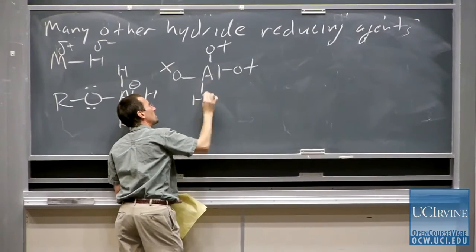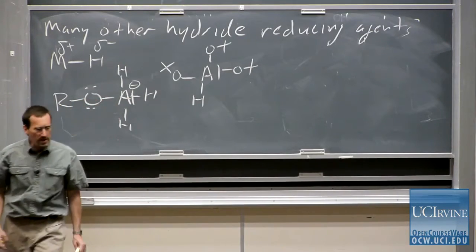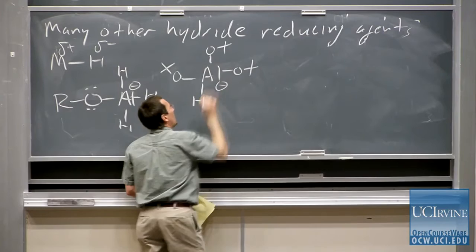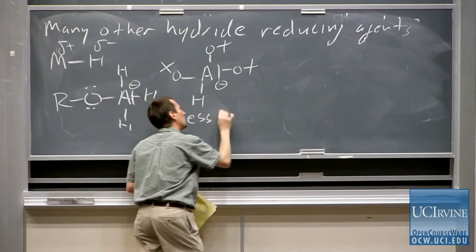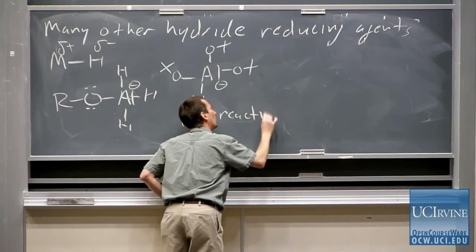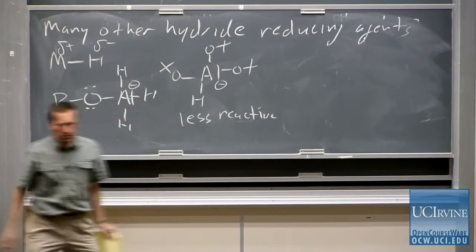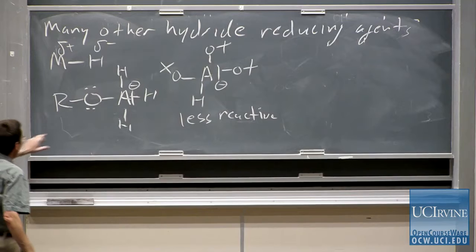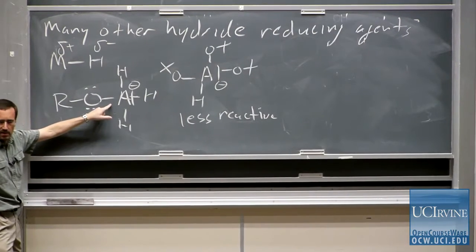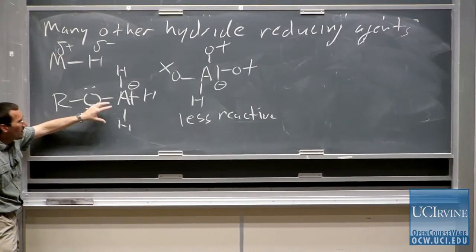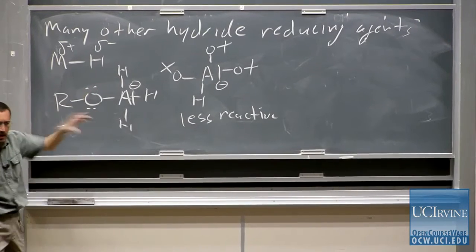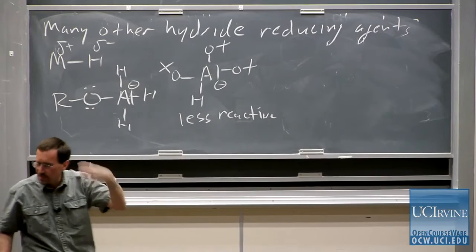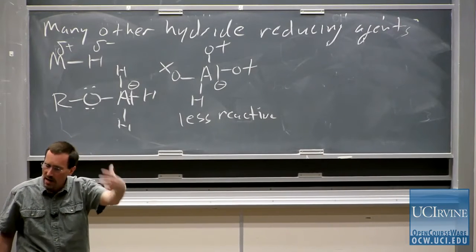Your textbook gives an extreme example of this, where you preform a reagent with 3 tert-butoxy groups on aluminum. And this is a less reactive hydride source. There are 2 reasons for this. One reason why, once you start to put alkoxide on the aluminum, it's less reactive, is that the oxygen is electronegative and it's pulling electron density away, so there's less of a partial minus charge on hydride.